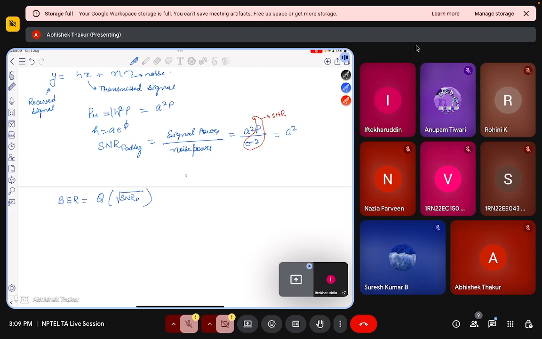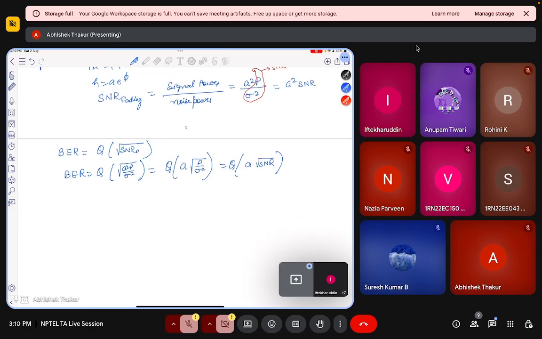So this we can write as A squared SNR. Okay. So now bit error rate will be Q of square root of A squared P by sigma squared. So this we can write as Q function of A, because A squared, A will come out, times square root of P by sigma squared. So this is our SNR.